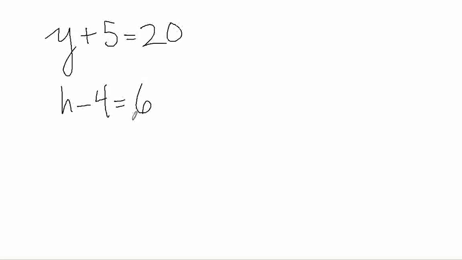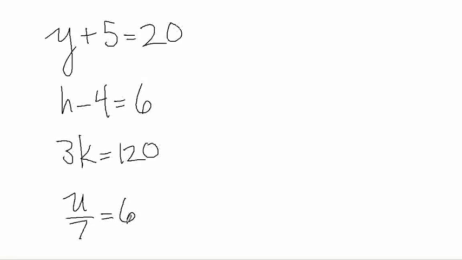So y plus 5 equals 20. h minus 4 equals 6. 3 times k equals 120. And u over 7 equals 6. So again, pause the video if you like and try to solve for as many of those unknown quantities as you can.